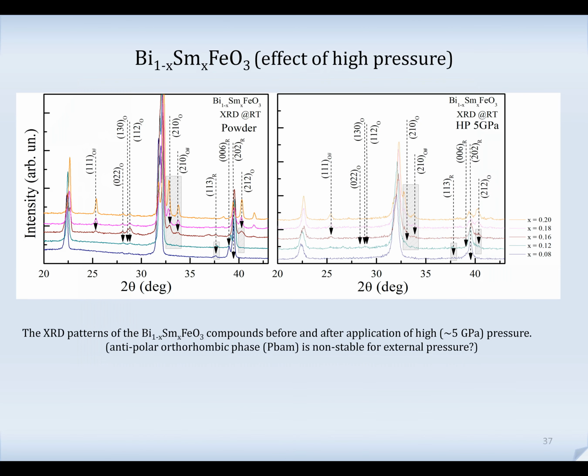A few words about external stimuli. Why did we take this compound, samarium 14, or around this composition? Because phase coexistence means high sensitivity of the system to external stimuli.